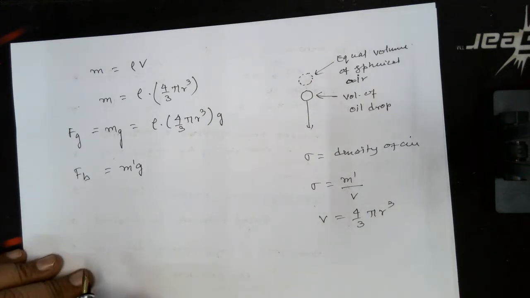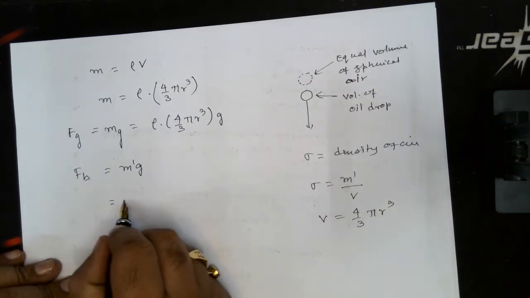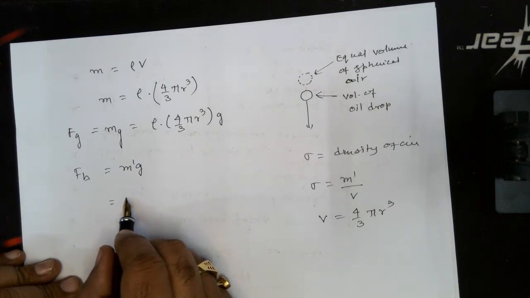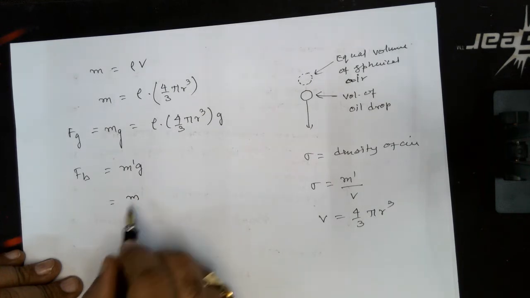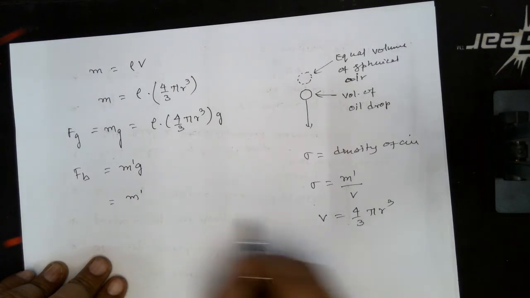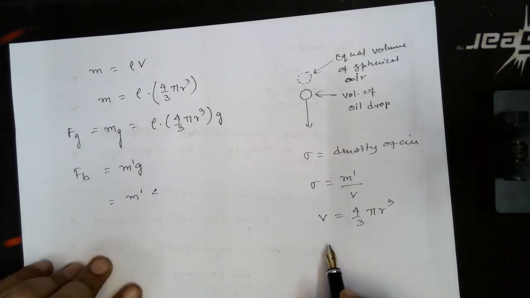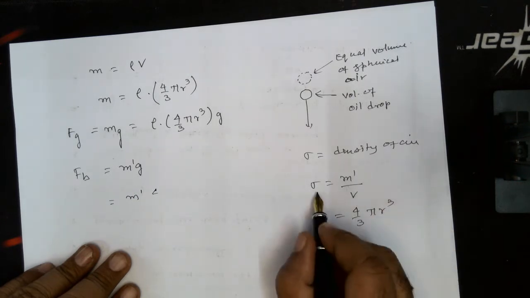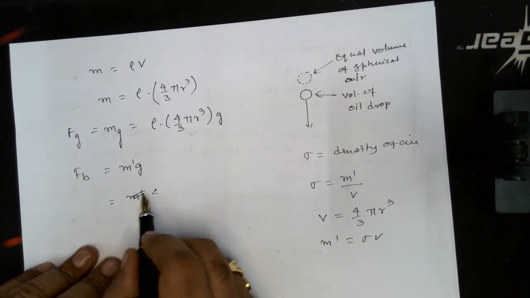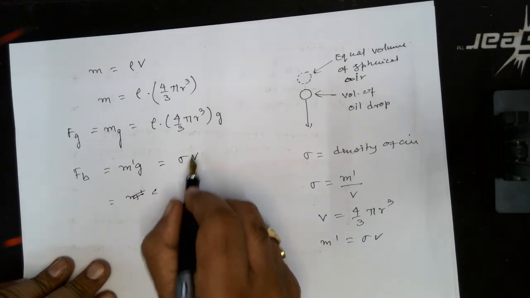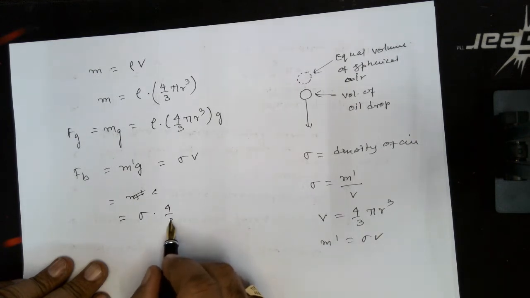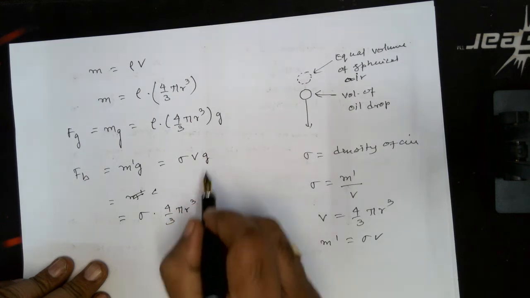So sigma is equal to m dash by V, and instead of m dash we can put sigma into V. Therefore sigma into 4 by 3 pi r cube into g.